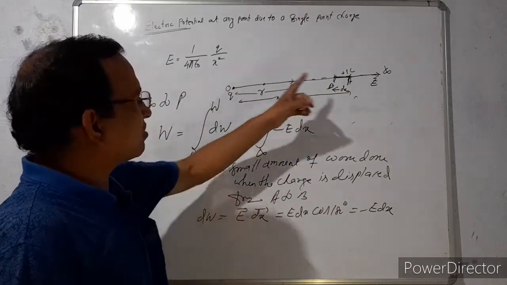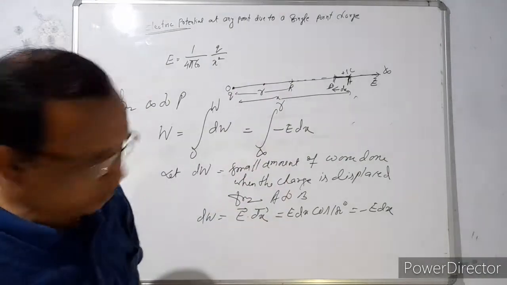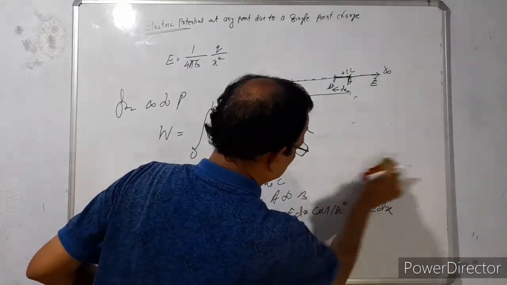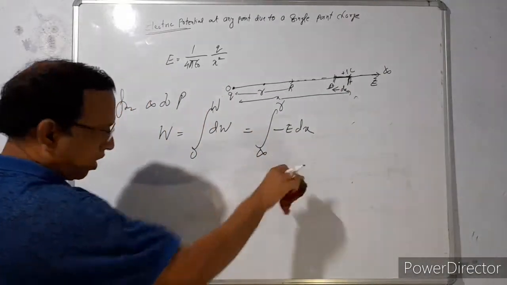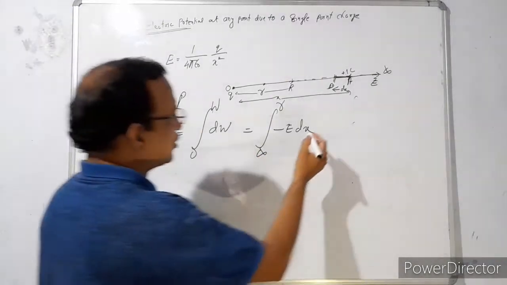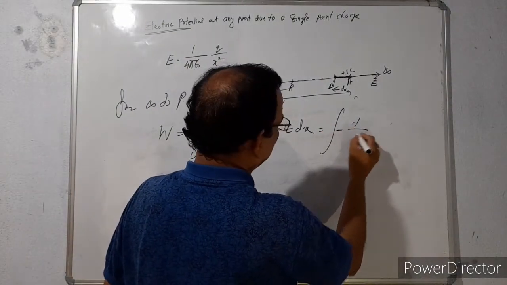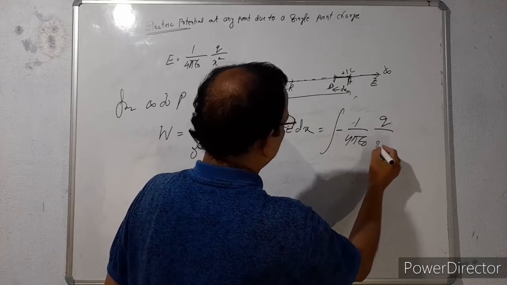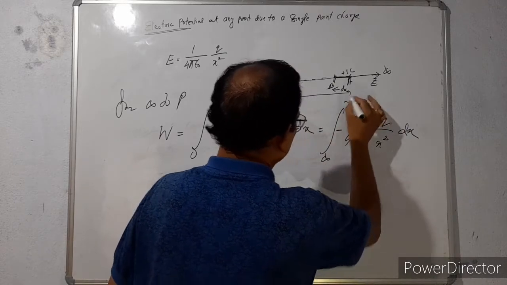Why? The first position is infinity, and at P the distance is r. So that is equal to minus 1 by 4 pi epsilon naught q by x square dx, from infinity to r.